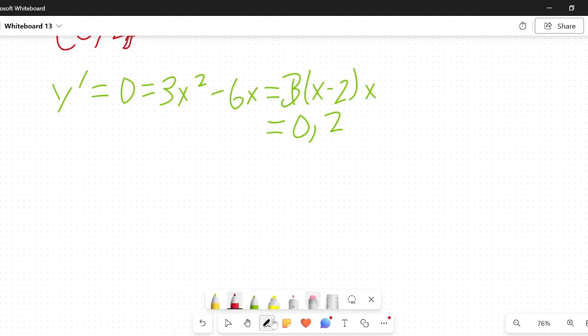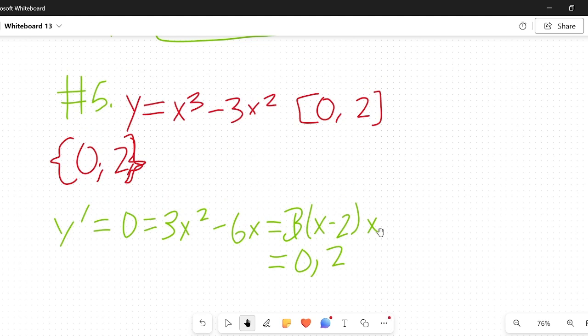If we plug in 0, this term becomes 0, this term becomes 0, so the whole thing is 0. And if we plug in 2, 2 cubed is 8, minus 3 times 2 squared, which is 12, so this will be negative 4. Thus, on the interval 0 to 2, f has an absolute maximum at (0, 0) and an absolute minimum at (2, negative 4), right?